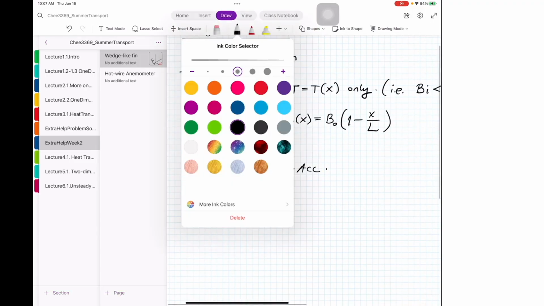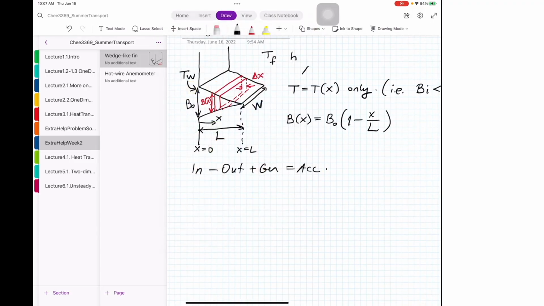And assume steady state. The accumulation is 0, generation is 0. No mention of generation.